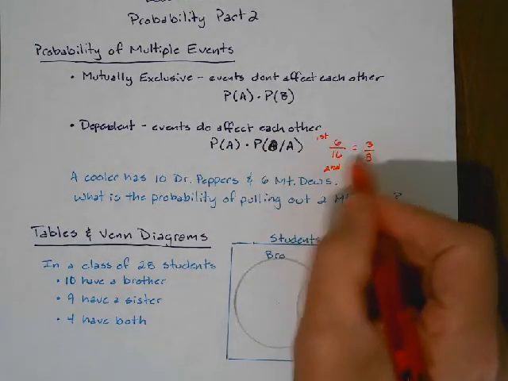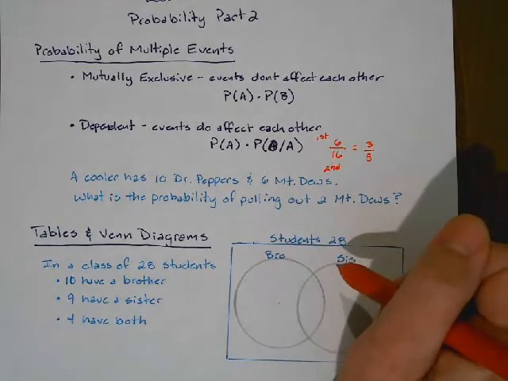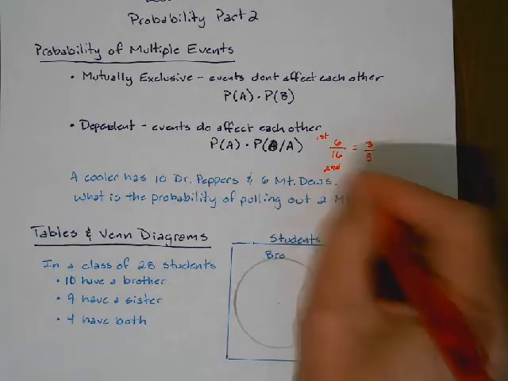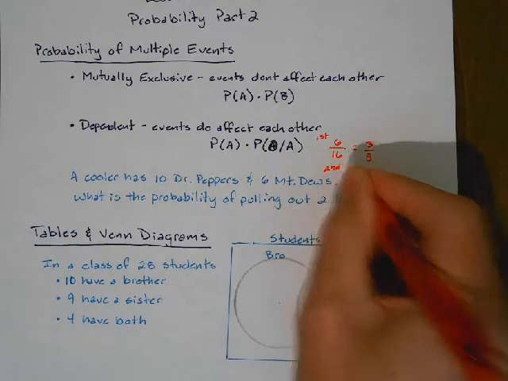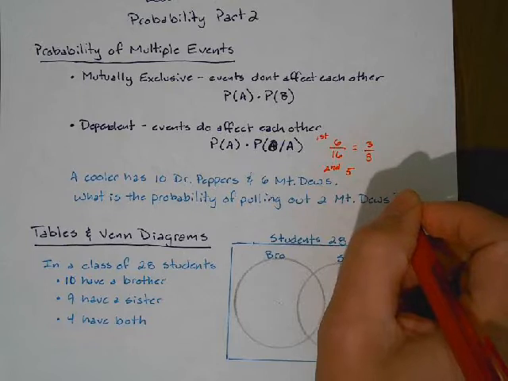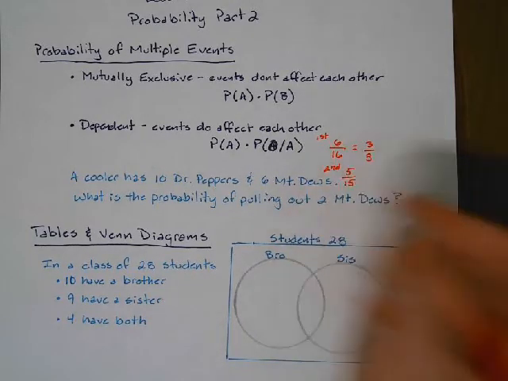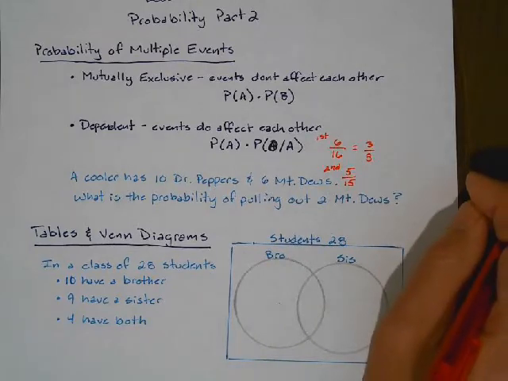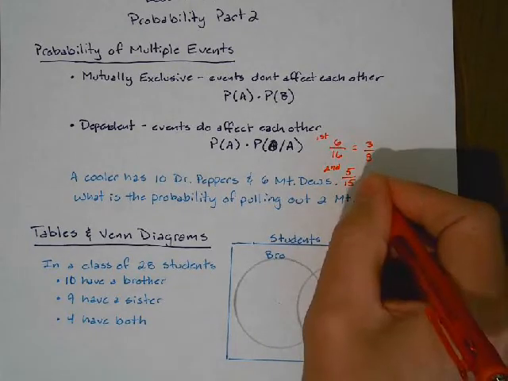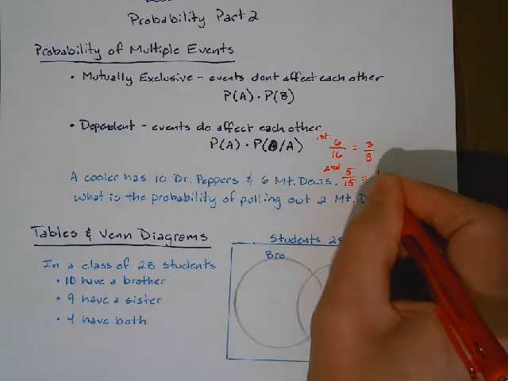Since I've already pulled out 1, I've got 1 less Mountain Dew to pull out. So I've got 5 Mountain Dews, and this time there's only 15 cans of soda to pick from. So it'd be 5 out of 15, which is 1 out of 3.